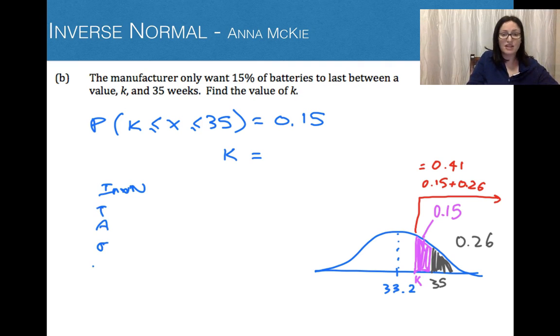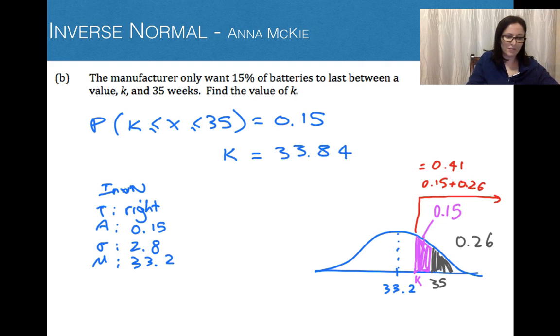Tail, area, standard deviation and a mean. Tail, which way do we want it this time? To the right. Area is the size of that area, 0.41. Standard deviation of, what was it? Back on the previous part, 2.8. And a mean of 33.2, and your value for K ends up being 33.84.